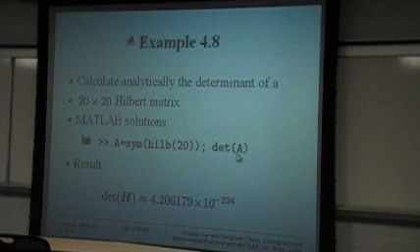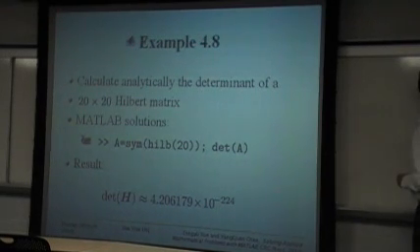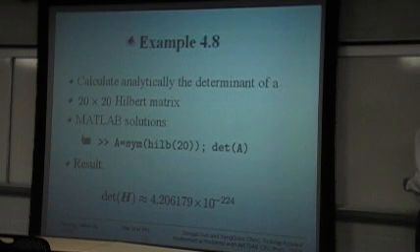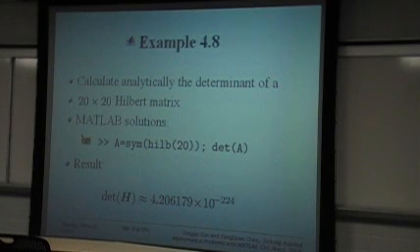Now let's consider the determinant of a 20 by 20 Hilbert matrix, as I already discussed. The Hilbert matrix is a matrix like this. The general term in the matrix is 1 over i plus j minus 1, something like this.